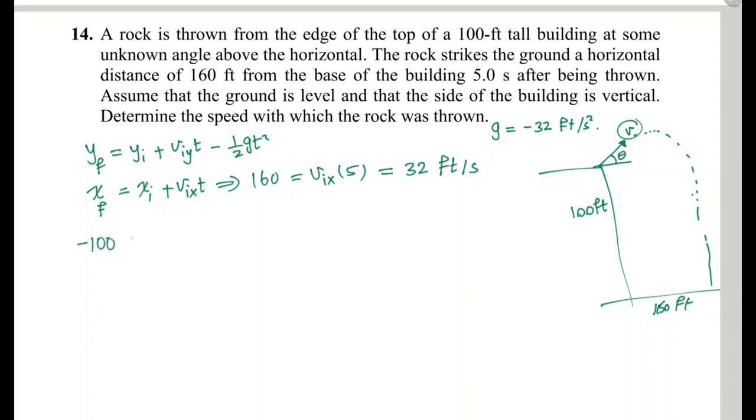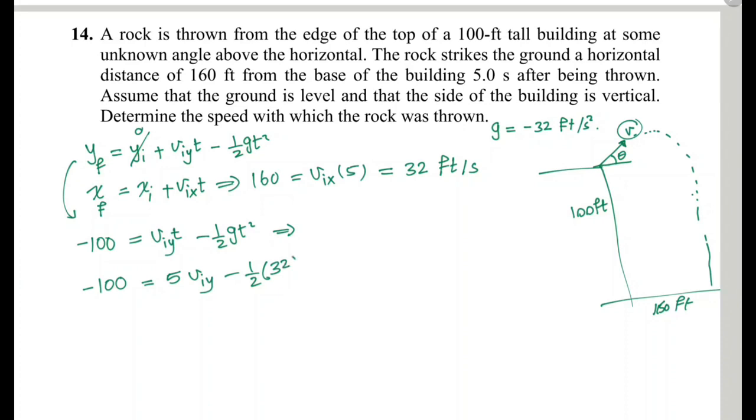Minus 100 is my equation right here, equal to, this is 0, the initial y velocity times t minus half g t square, and minus 100 equals 5 times the initial y velocity minus half, and remember g equals 32 foot per second square.